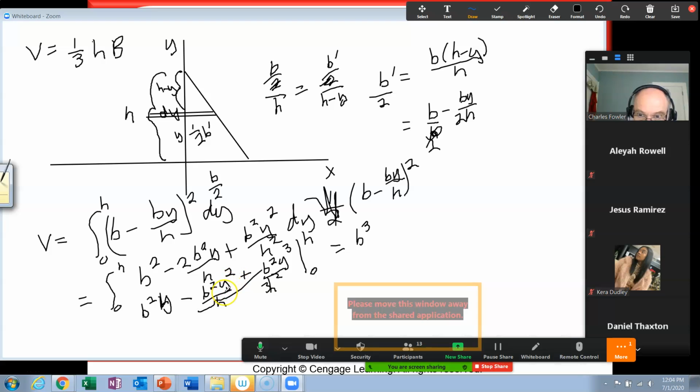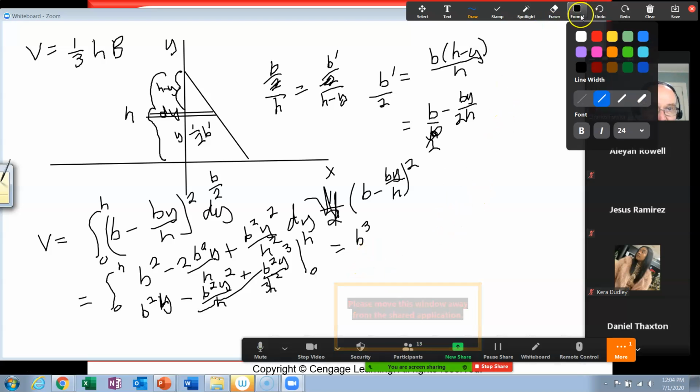The second term, plug an h in for the y and you get h squared over h would just be h times b squared. So that would be, okay, I'm sorry, I misstated that. Crossing up my b's and my h's.